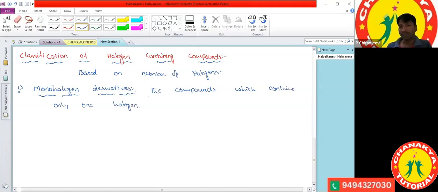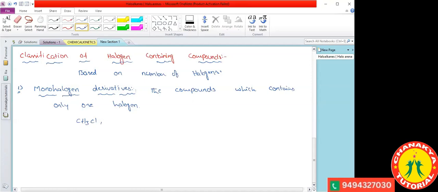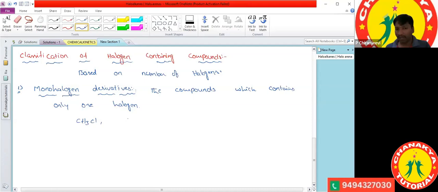So what are the examples of monohalogen derivatives? For example, CH3Cl. Is CH3Cl a monohalogen derivative, dihalogen derivative or polyhalogen derivative? Methyl chloride. So it's mono, because it contains only one halogen atom here. And C2H5Cl also is a monohalo derivative.